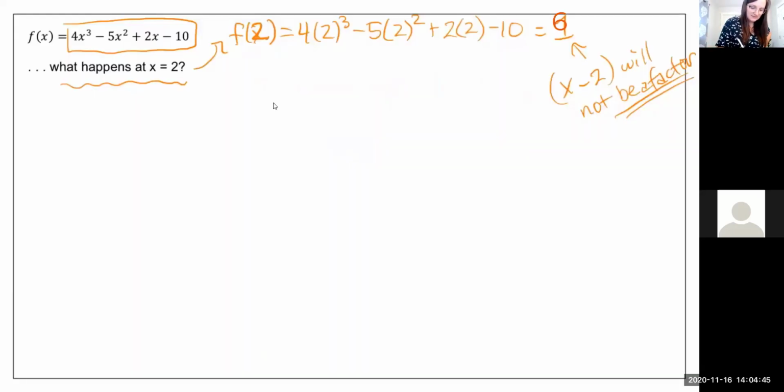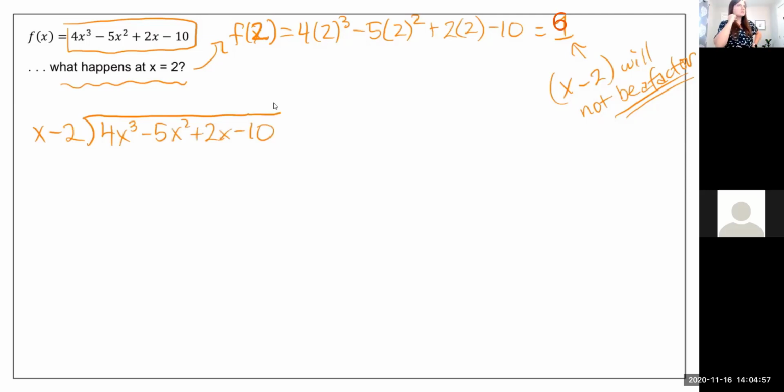So one way to divide is to go x minus 2 into 4x cubed minus 5x squared plus 2x minus 10. The important thing here is that you have all the place values: x cubed, x squared, x to the 1, and x to the 0.